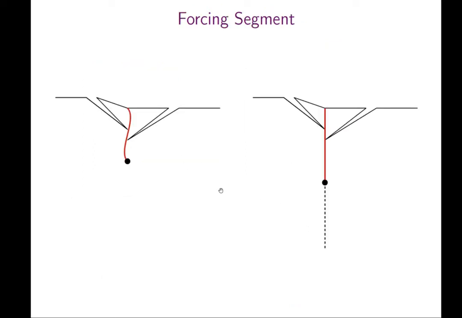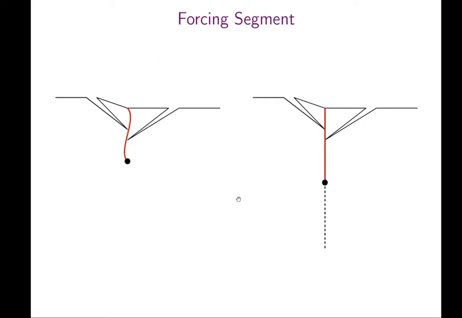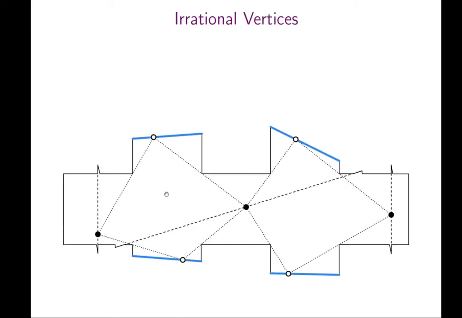So we have to see how we can force a vertex to lie on a segment, right? This is what we did here. We forced this guard to lie on a segment. To do this, we just have this little gadget here. Obviously this vertex needs to be connected to this vertex on the boundary, so it needs to lie on this segment in order that it can connect, or it lies in here, but this cannot be because it also has to be connected to other stuff.